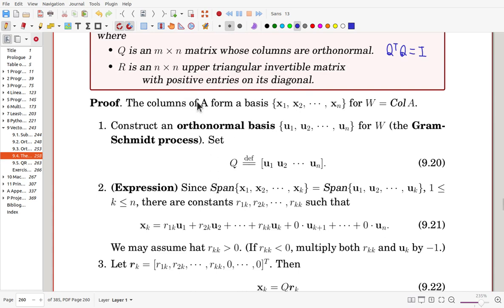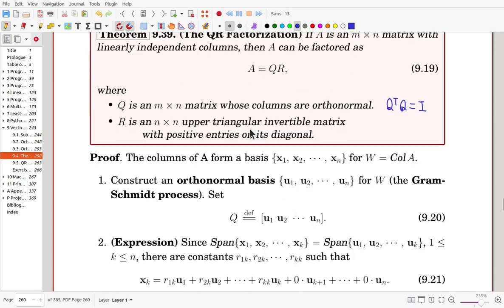The first step is, now we start with the matrix A, and the columns are linearly independent. So we can get orthonormal bases, orthonormal columns for the column space of A. W is the column space of A, and these are the original columns of A. Now from there, we can get orthonormal bases.